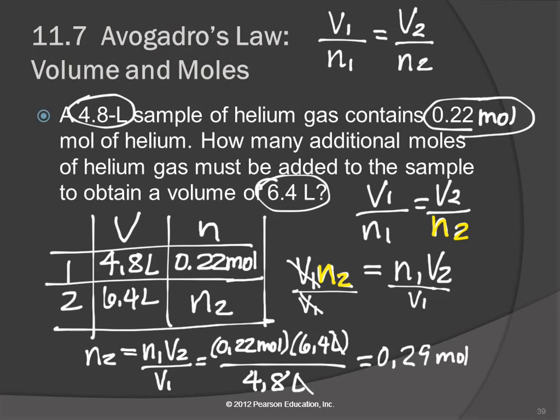That's the total amount of helium gas at the new volume of 6.4 liters. We want to know how many additional moles of helium gas must be added. So it started out with 0.22, and we need to get to 0.29. So we're going to subtract what we started with, and we need to add 0.07 moles of helium.